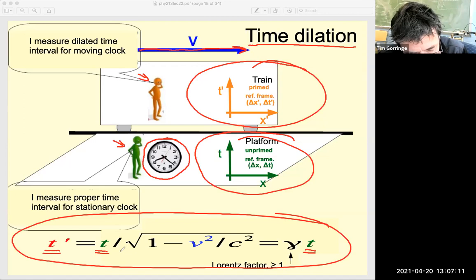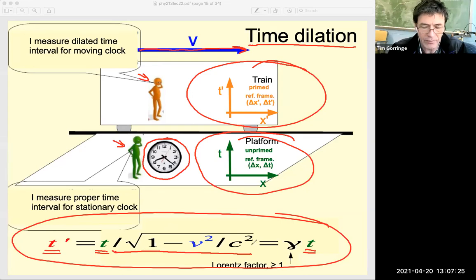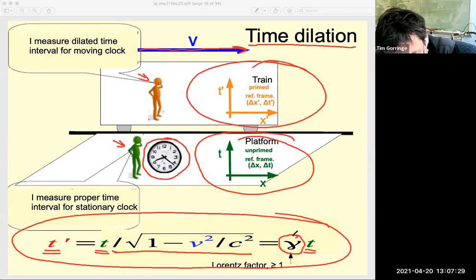This is the time dilation equation. And this formula involves this piece that changes the proper time into the dilated time. It's this division by the square root of 1 minus v squared over c squared. And that factor is given a special name. It's called the Lorentz factor.